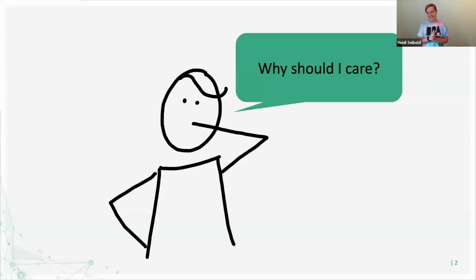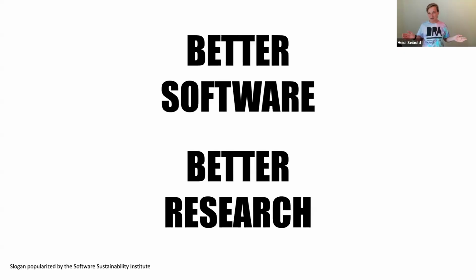I'll start off with the question of why should we care about research software engineering? A lot of us want to do research and focus on that and just do good research, right? But in reality, we've seen over and over again that better software means better research. I'm using the slogan from the Software Sustainability Institute here because I think it's so fitting to why we should care about research software engineering.